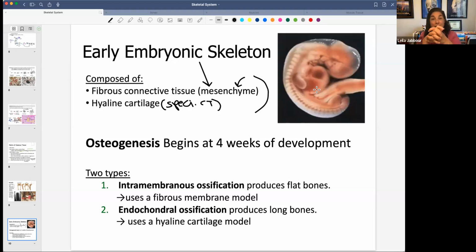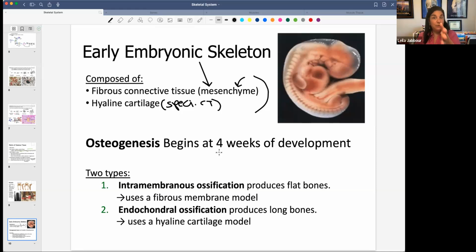So osteogenesis, which is the formation of bones, begins at 4 weeks of development. So 4 weeks of development, that's really only 2 weeks after the woman has missed her period, because conception is at day 14 of the cycle, and at day 28, 2 weeks later, you're supposed to get your period.